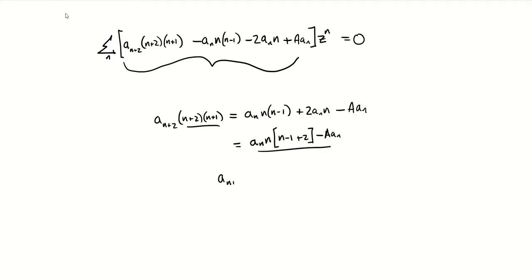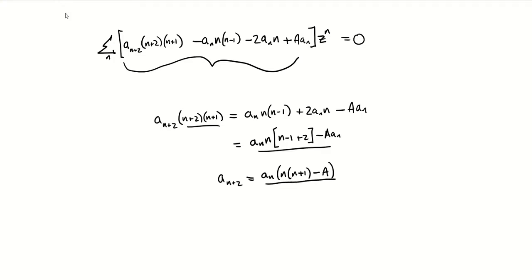We get the recursion relation: a sub n plus 2 is equal to a sub n times [n times (n plus 1) minus a], divided by (n plus 2)(n plus 1). I was worried I'd messed up my brackets here, but no, that's right.